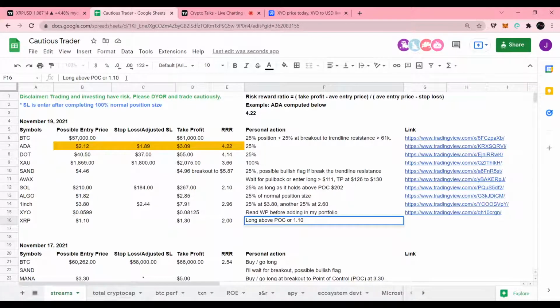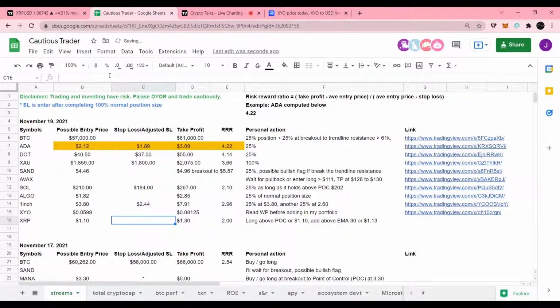So add above EMA 30 or $1.13, and then TP at that.